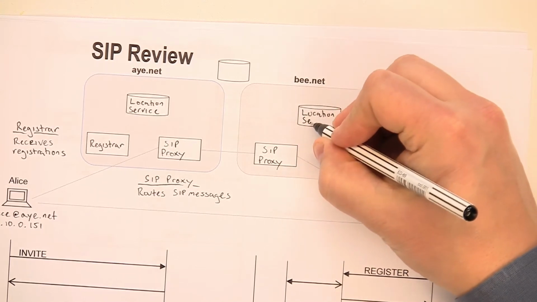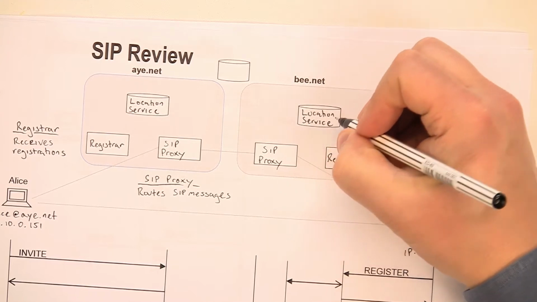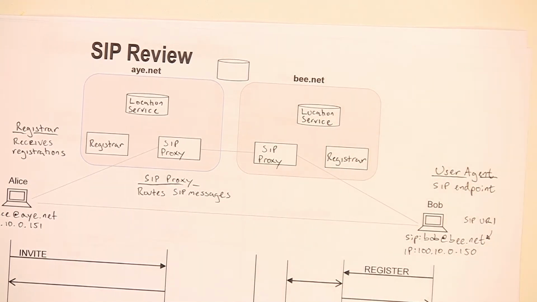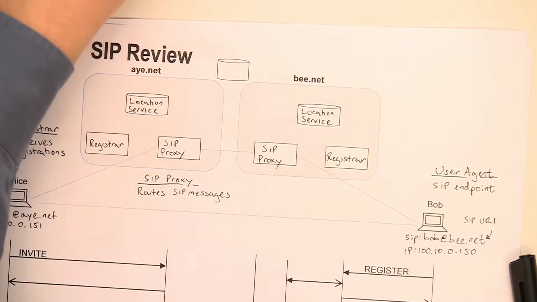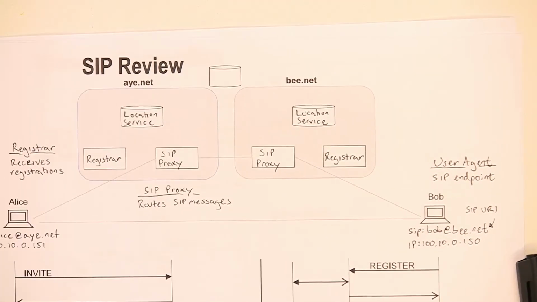Location service. This is where the different operators would store the information about where Alice and Bob really are. Let us put in the lines for the registration now.